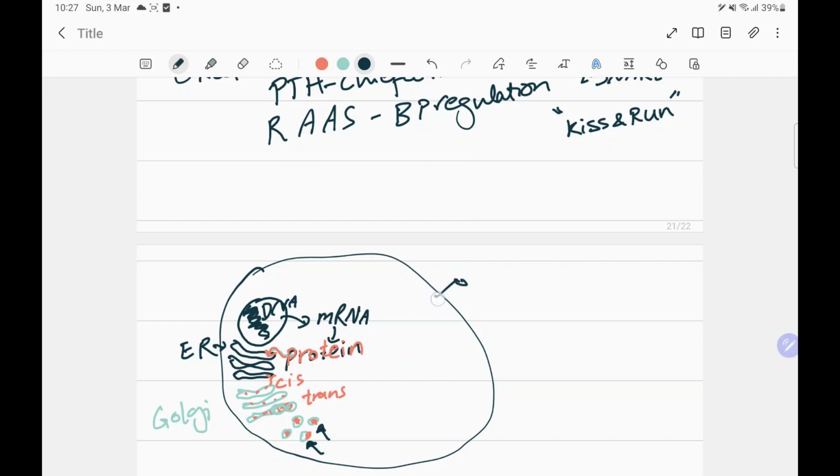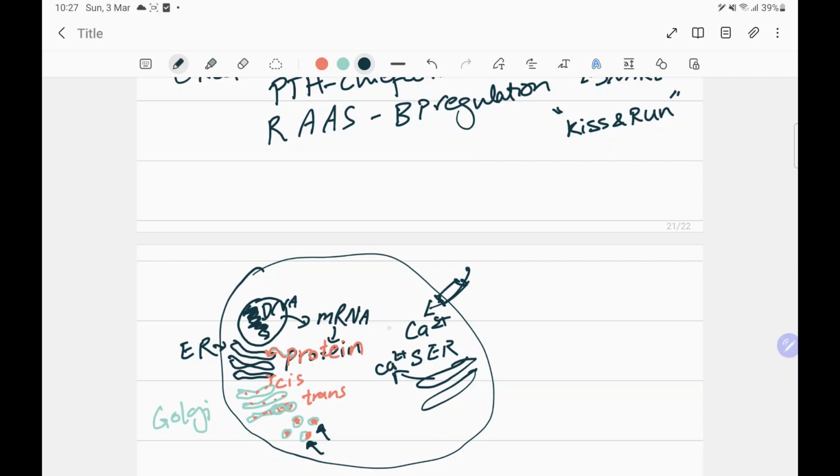Now, if calcium is going to enter the cell under the influence of whatever is regulating it, or calcium can also be released into the cytoplasm from the endoplasmic reticulum itself, smooth endoplasmic reticulum especially. Smooth ER releases calcium because it stores calcium.